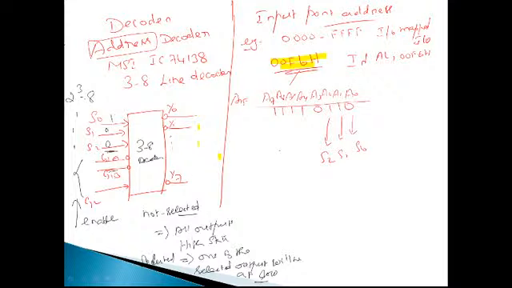So I can connect the address line A0 of the microprocessor to selection line 0, A1 to selection line 1, and A2 to selection line 2 of the 3 to 8 line decoder.